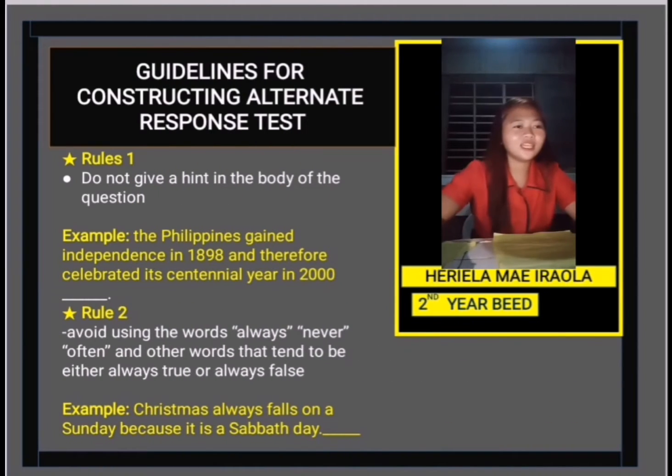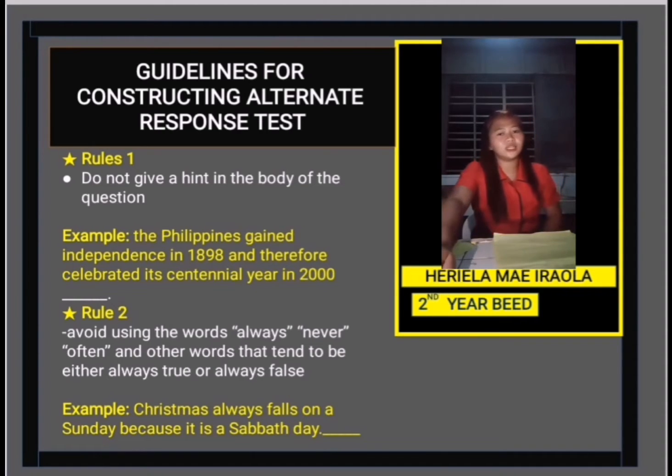Then, guidelines for constructing alternate response test. Rule number 1, do not give a hint in the body of the question. So if we construct the alternate response test, do not give a hint in the question.